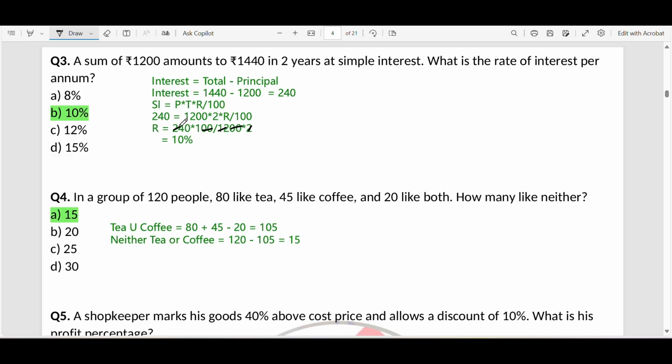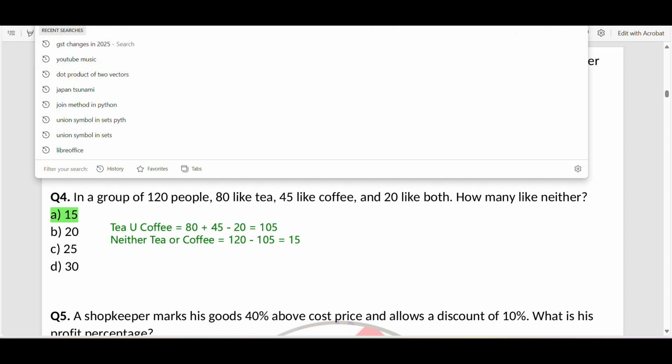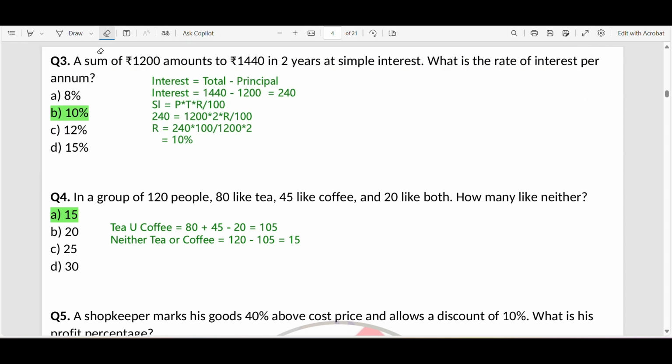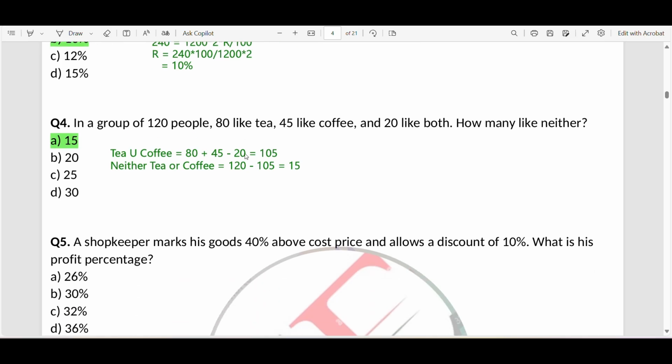So this will also be cancelled, and remaining we will have 10 itself. So that's all. We have got 10 as the rate of interest. In the options also we have option B, 10%. So that's it about question 3.